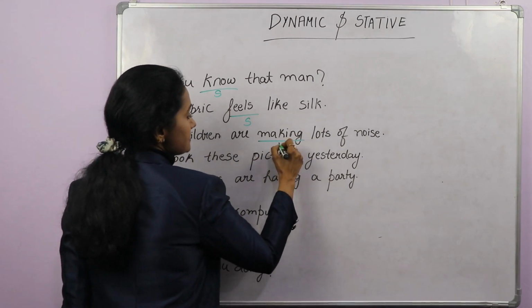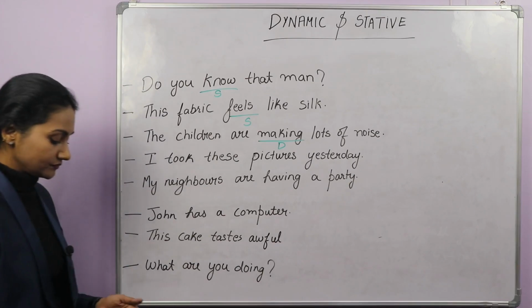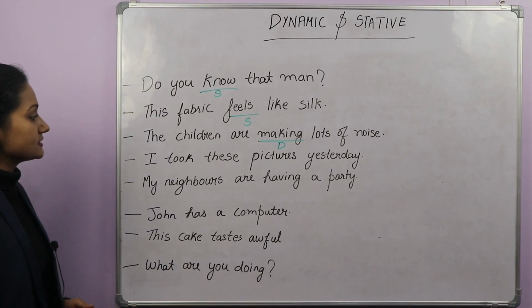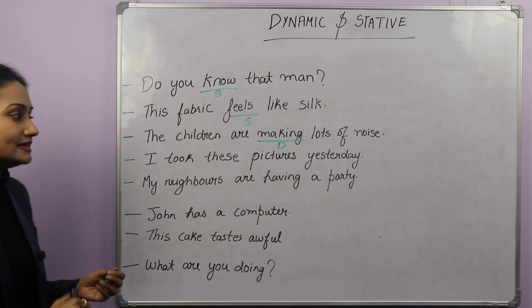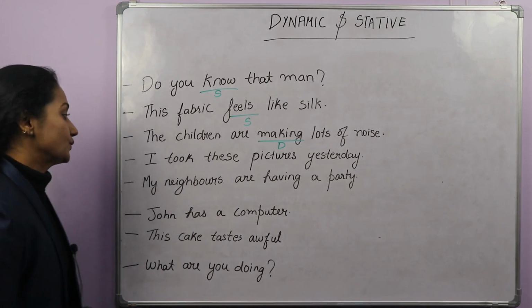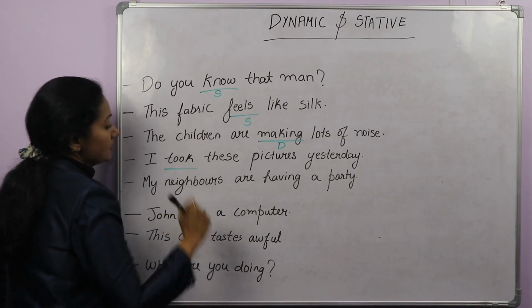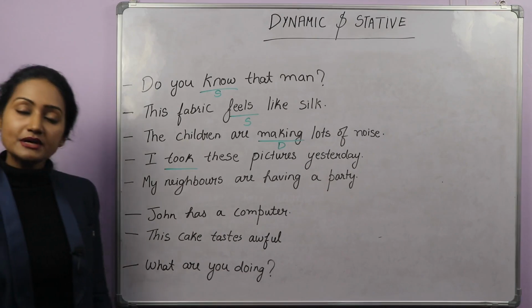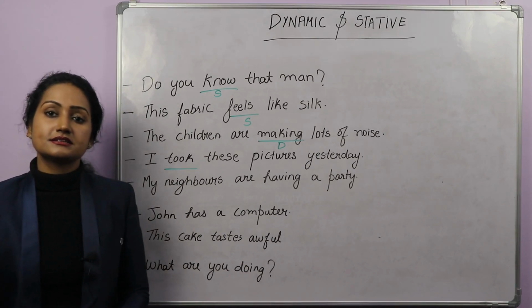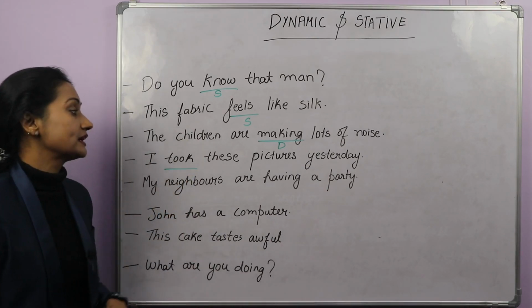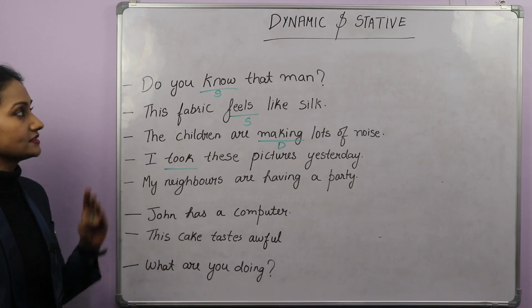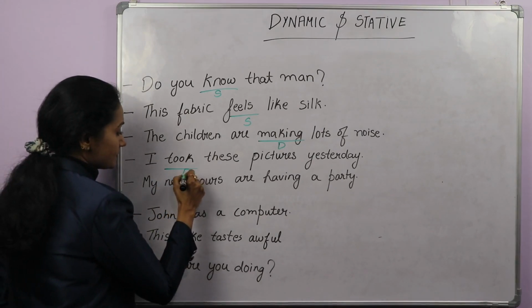So it is a dynamic verb. Next is, I took these pictures yesterday. So the verb is took. It is a dynamic verb because take is an action. This is showing an action here. So this is a dynamic verb.